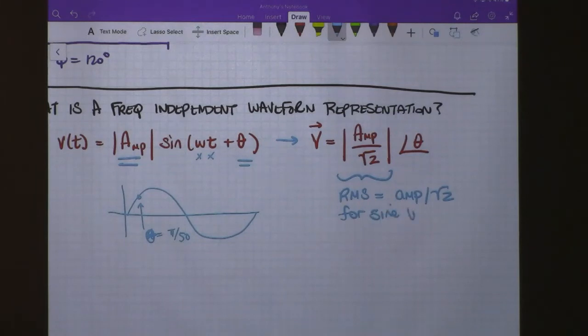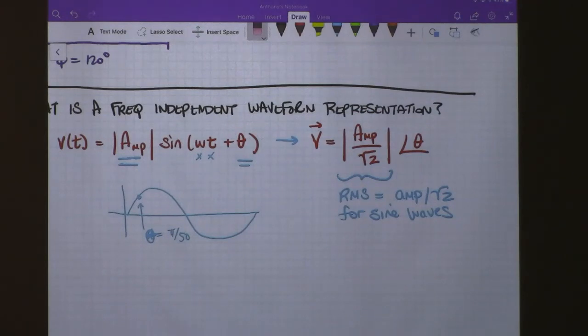So the RMS magnitude, which stands for root mean square. There's an easy way to find that for sine waves. It's simply the amplitude divided by the square root of 2. So this right here, we don't use the amplitude here, we use the magnitude, which in language often they mean the same thing, but in this class they are different.